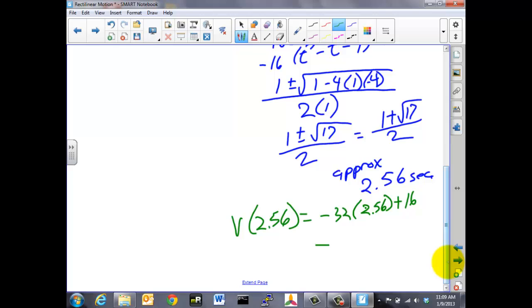Y'all are smart people, or you have calculating devices. I got negative 65.9 feet per second. Does the negative make sense there? Yeah, it's going down. Because it's going down, okay? So that's the speed at which it will hit the ground.